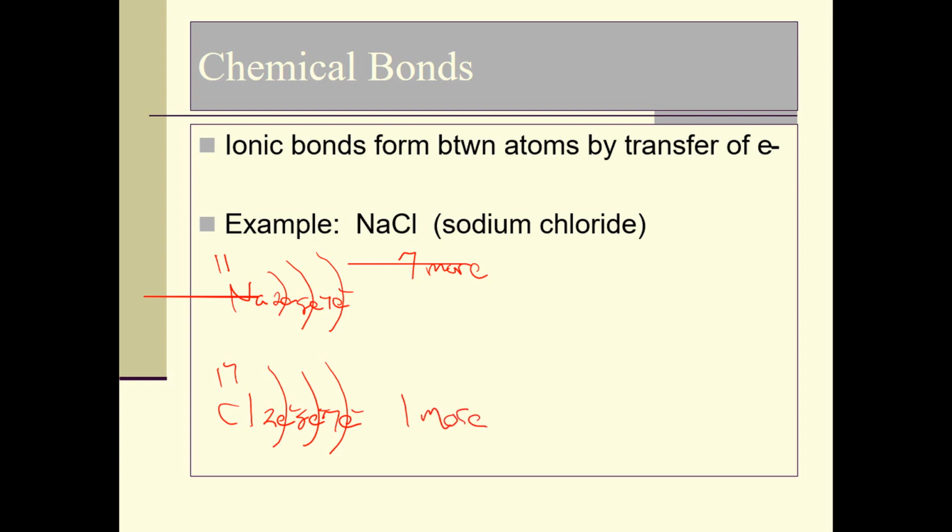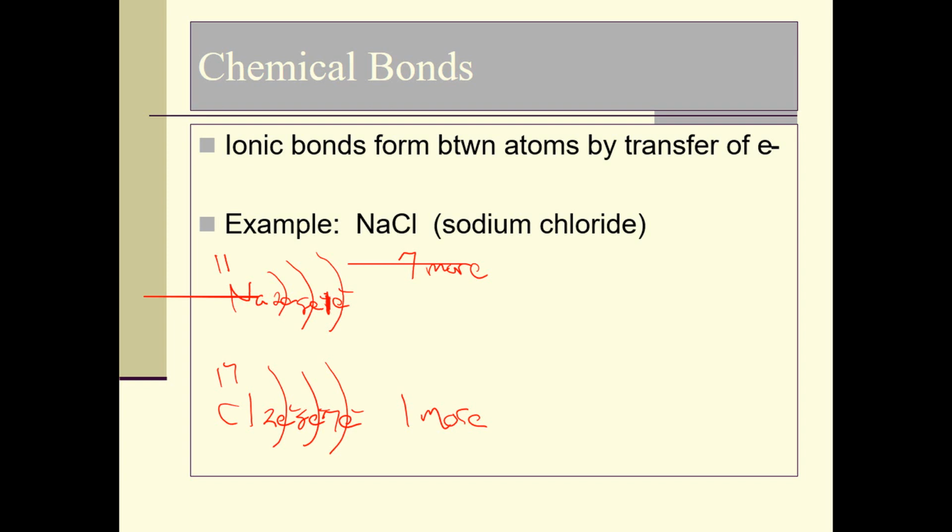Chlorine needs 1 more. Now keep in mind, these atoms want their valence shell filled. It's very unlikely that sodium is going to find 7 electrons. And I just want to make sure this is a 1, not a 7. So it only has this 1 electron in its valence shell. And again, this valence shell is whatever the outermost is, so it is dynamic.